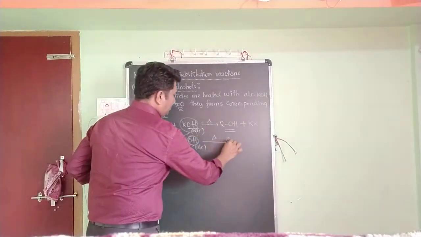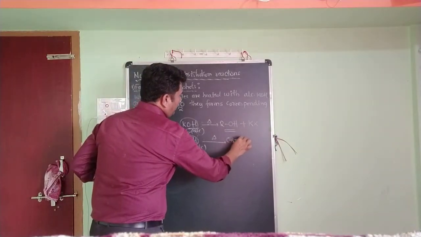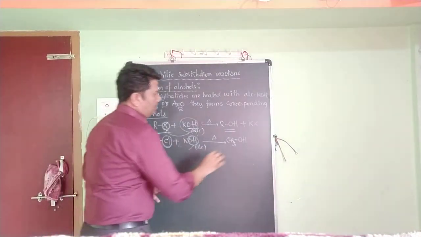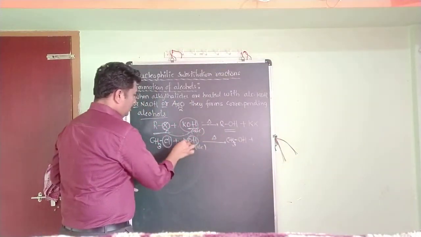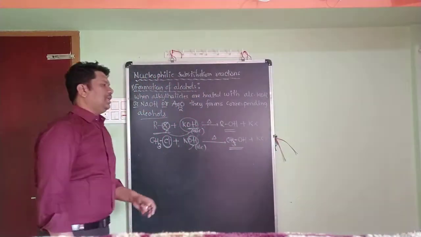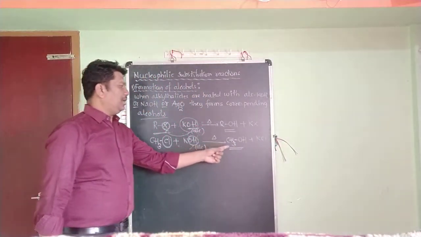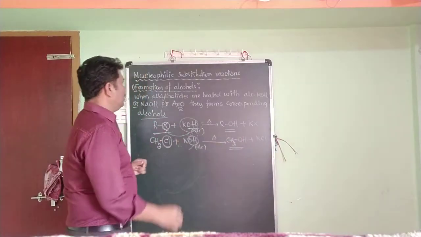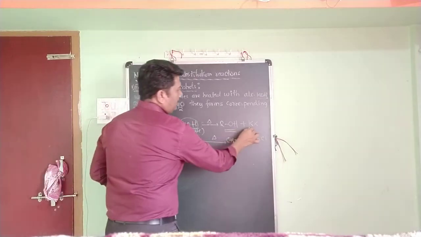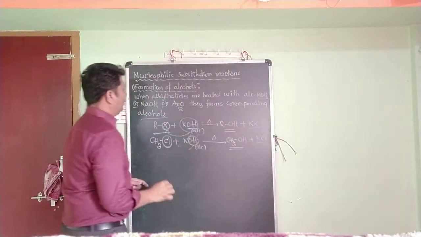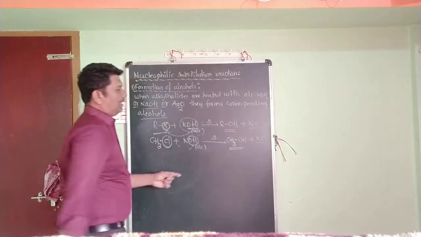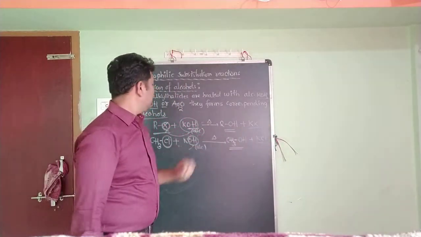So therefore it will become CH3OH. In place of Cl, OH will substitute, plus KCl. So this is your alcohol, and the name of alcohol is methyl alcohol. If you take potassium hydroxide, you will get KX and KCl like that. If you take sodium hydroxide, you will get NaX and NaCl like that.